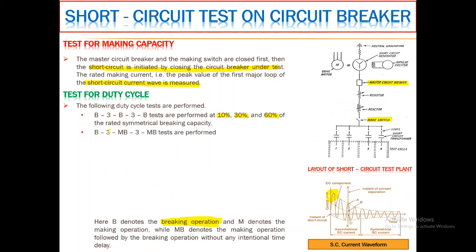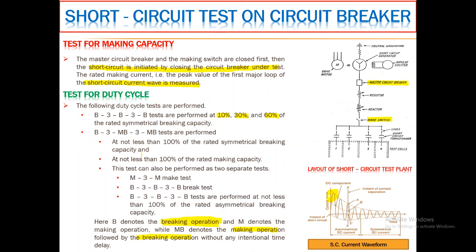The other is B-3-MB-3-MB, where MB denotes a making operation followed by a breaking operation without any intentional time delay. It can be performed at not less than 100% of rated symmetrical breaking capacity and not less than 100% of its rated making capacity.